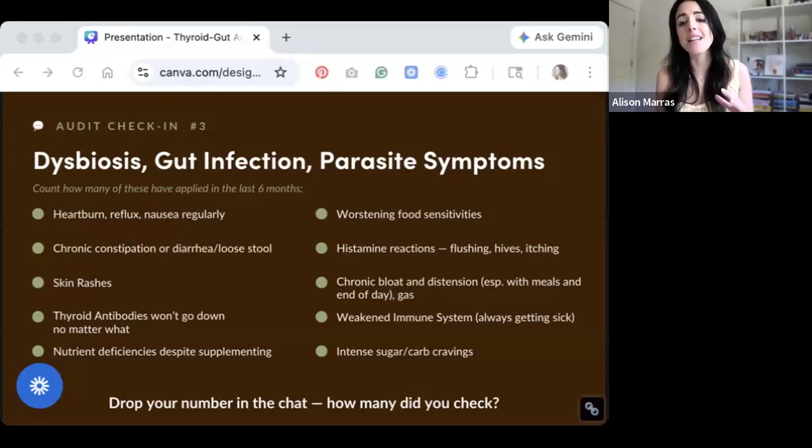Chronic bloat and distension, especially with meals, and then especially at the end of the day. Like you feel like it was just a whole cascade throughout the day. And then gas as well with that. Weakened immune system. So if you're just always getting sick, and then intense sugar or carb cravings as well. So drop your number in the chat for this third one.